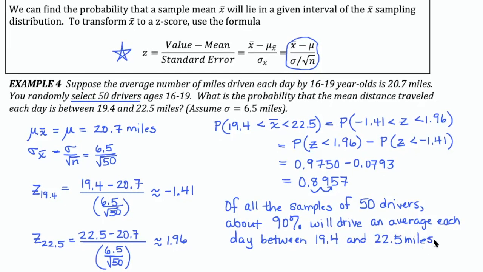So you can see how the central limit theorem is super important because it lets us use a tool that we already have to calculate probabilities.